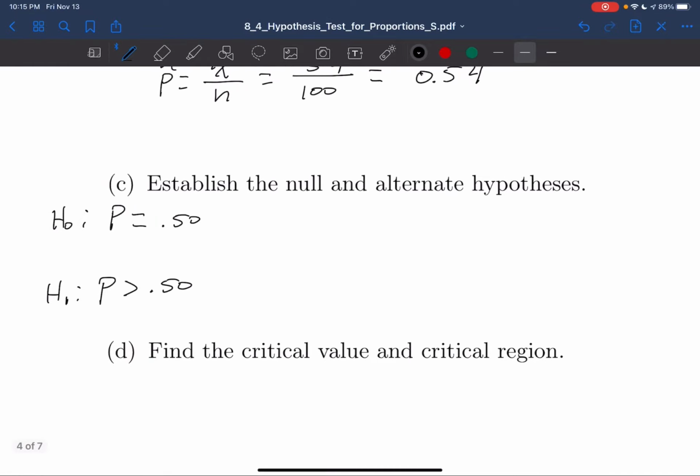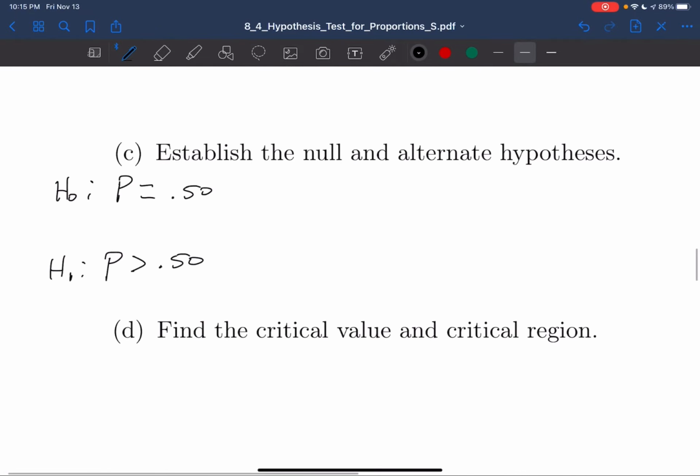Establishing the null and alternative hypothesis. Well, we kind of already did this, but let's write this in words. What does this mean in words? What is our null and alternative hypothesis in words?